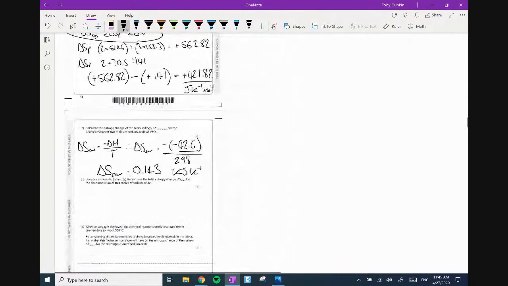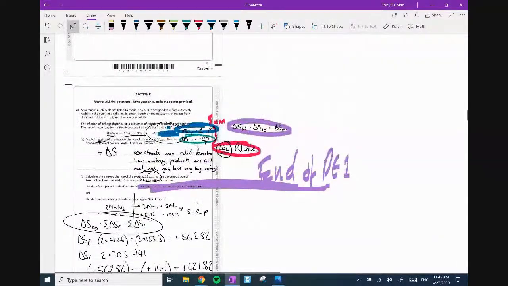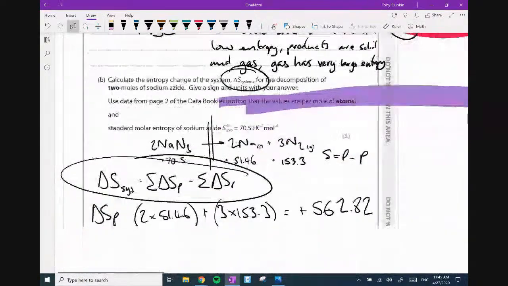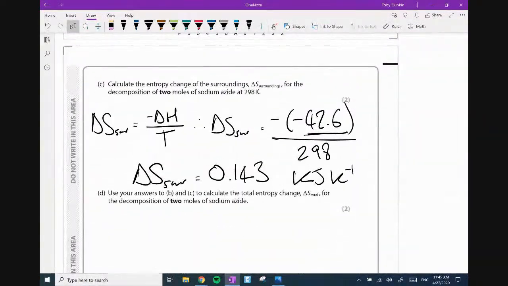Is this going to be per mole? Technically, it's actually not, because the reaction's gone twice. Do I have to divide that by 2? No, it's the decomposition of 2 moles. So it's correct: kilojoules per Kelvin, and that's it.